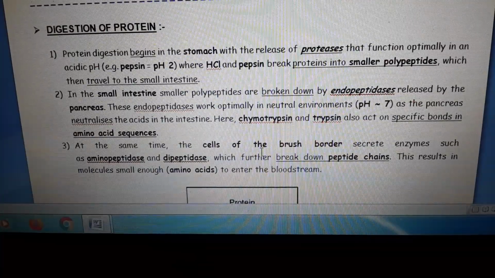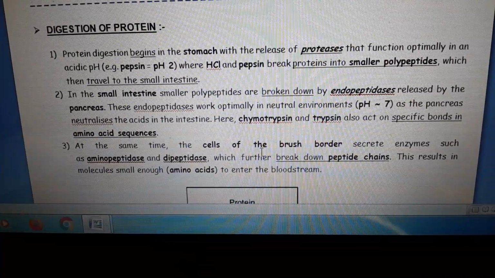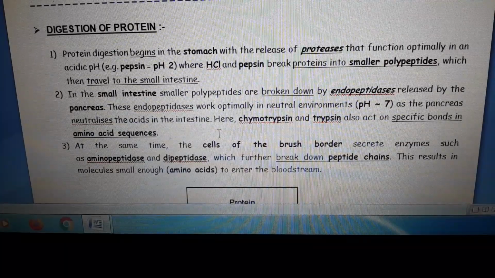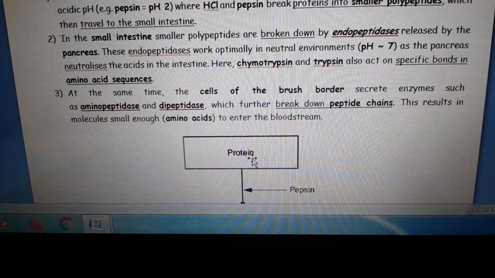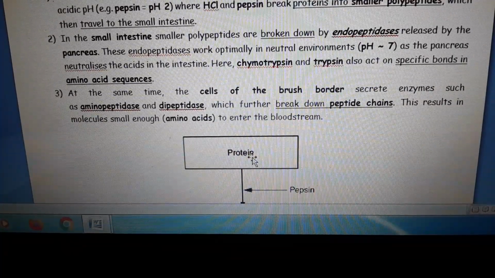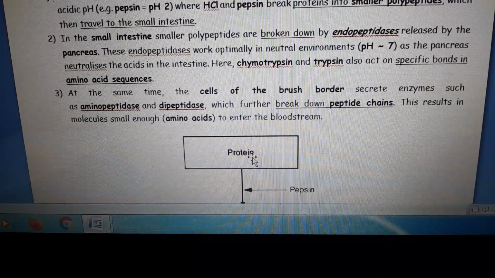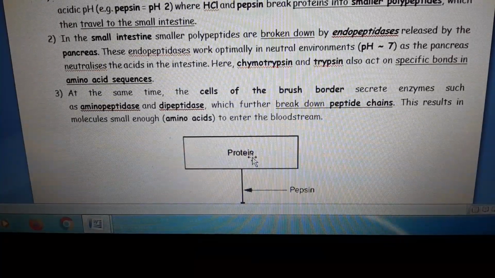Here also in the small intestine, there are also two enzymes, that is chymotrypsin and trypsin, which act on the specific bonds in the amino acid sequence. Again another two enzymes, which are called brush border enzymes, act in the small intestine.